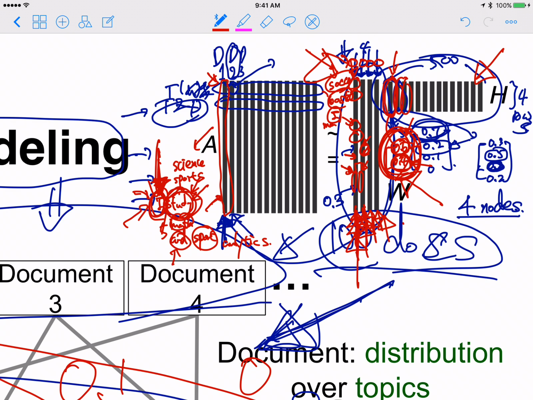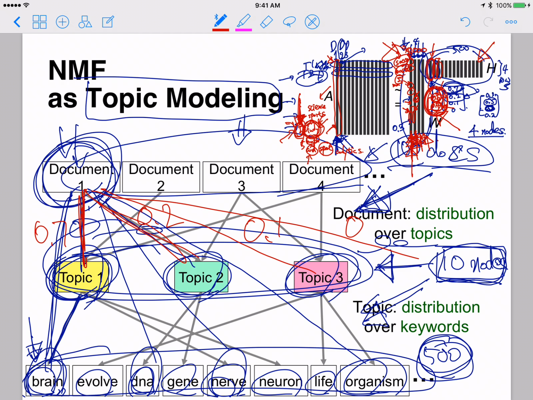Because we first pick the topic, and this topic gives us a particular distribution over keywords, and then from this distribution we sample or pick the word, which is the next random variable. So we go through this sequential generative process of generating, sampling, or picking those random variables. This is a typical story of generative probabilistic models.